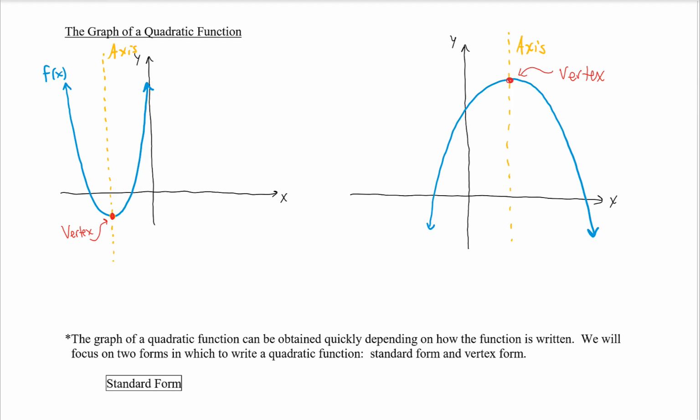And then the way we're going to tell the difference between these is we're going to use our transformations, right? So our parent function, as you might recall from earlier, is y, or f of x, is just simply x squared.